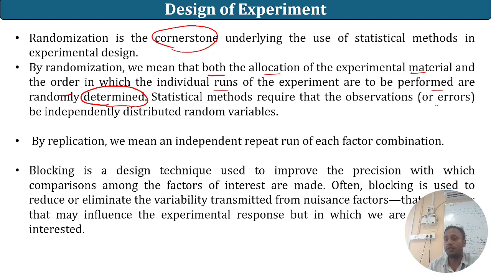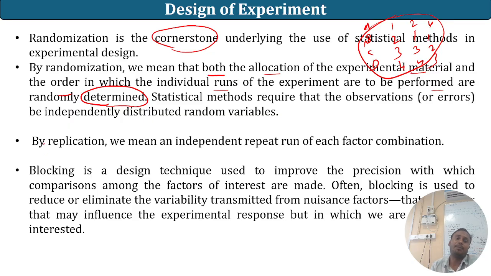For example, A, B, C, D, or 1, 2, 3, 4, then 2, 1, 3, 4, then 4, 1, 2, 3. We have to do everything in random order.